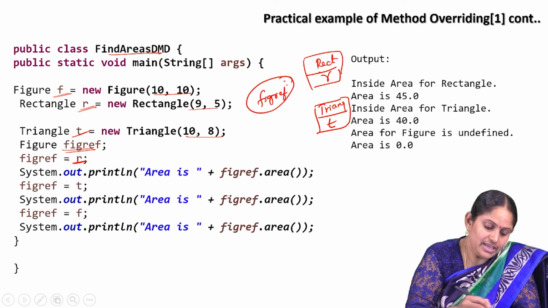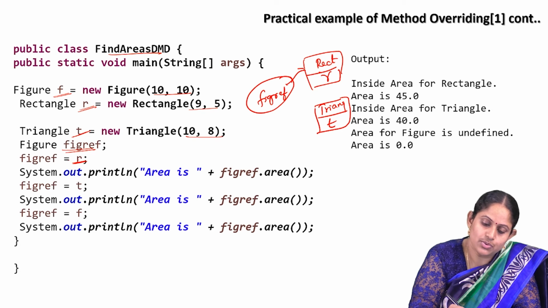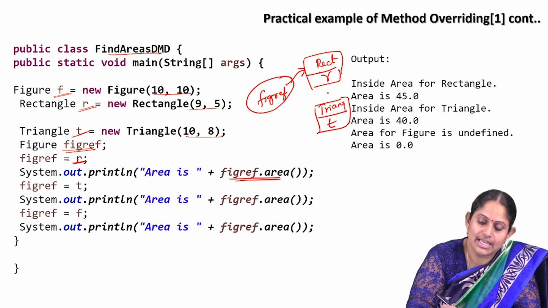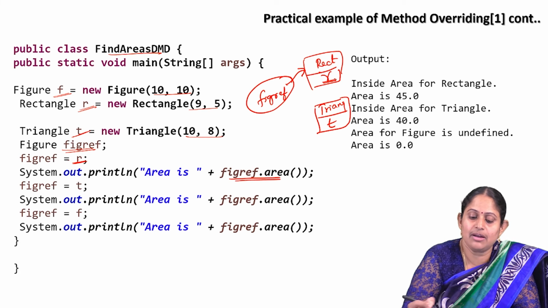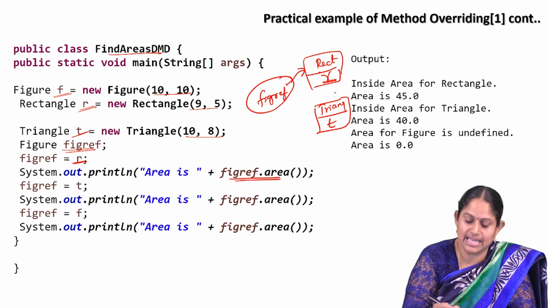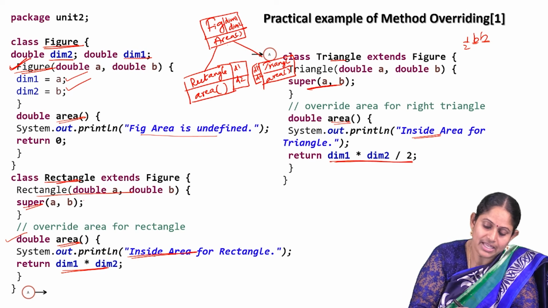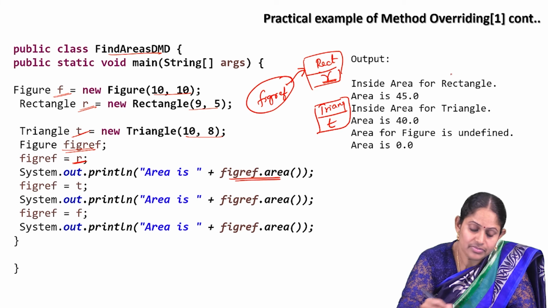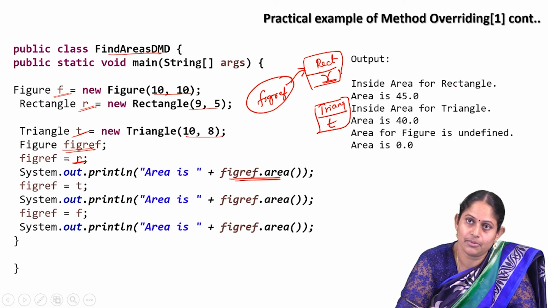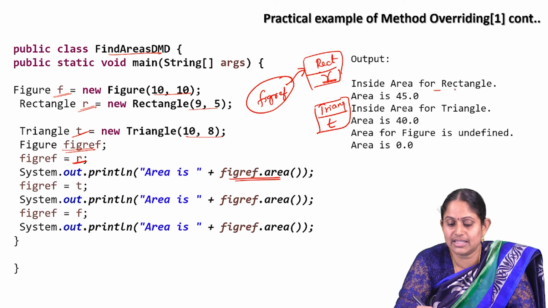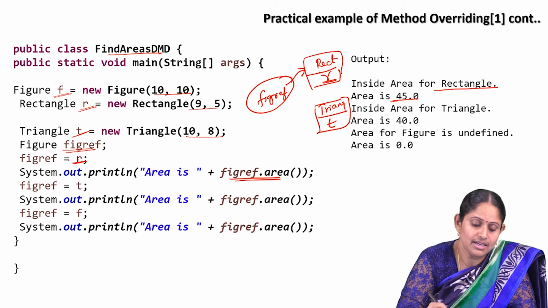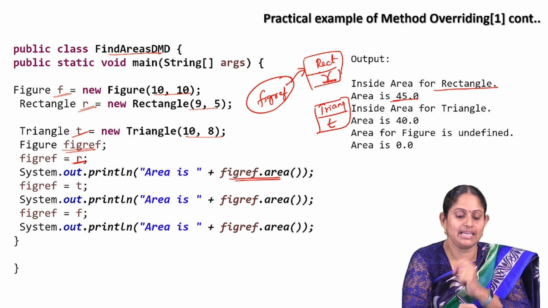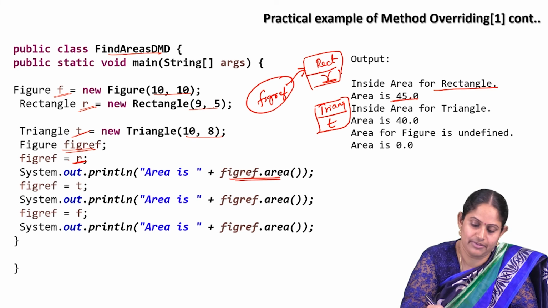Now, first we have this figure pointing to R. So when you invoke figure.area, it will invoke the area method of the rectangle. So inside area method of the rectangle, we get the product of the two sides. So we get the output inside area of rectangle, and the sides of the rectangle are 9 and 5. So 9 into 5, we get 45.